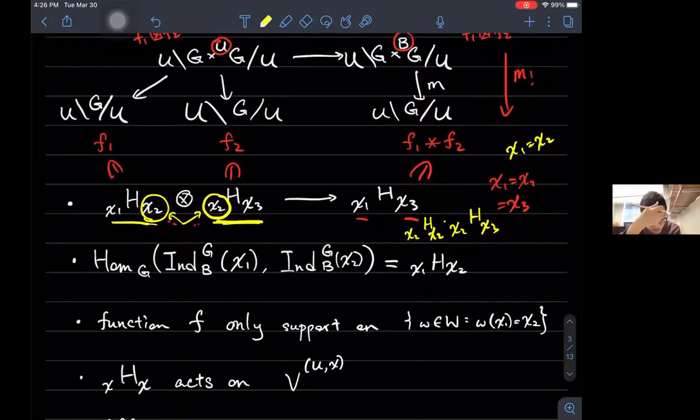There is another description for this product structure. Namely, the monodromic Hecke algebra or module can be reinterpreted as a homomorphism space of representations of G(F_q), which is a finite group. The product structure I mentioned above precisely corresponds to the composition of homomorphisms.